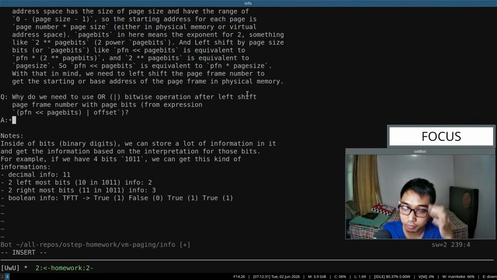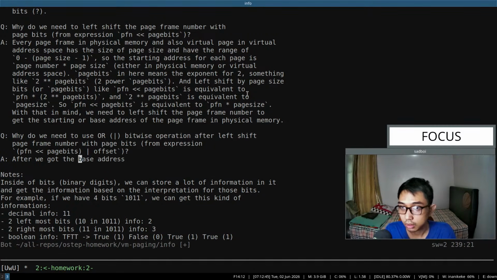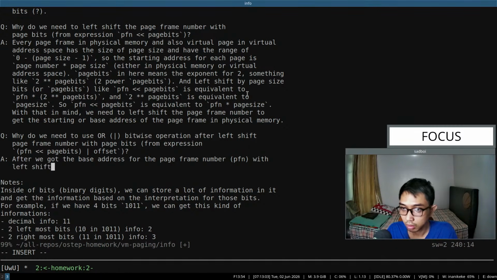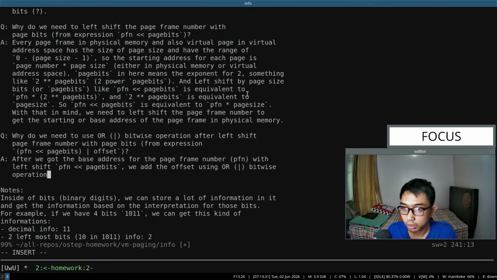Okay, how do I explain this? After we got the base address, the base address for the page frame number with left shift, we add the offset using OR bitwise operation like this.